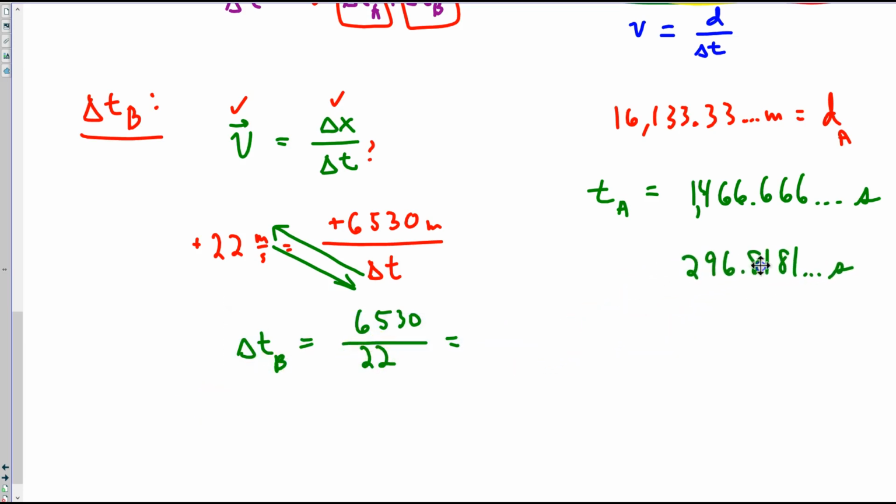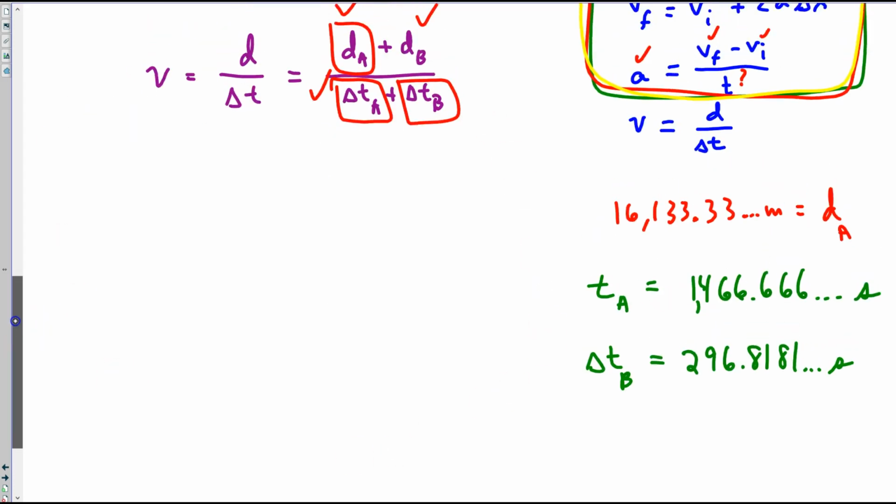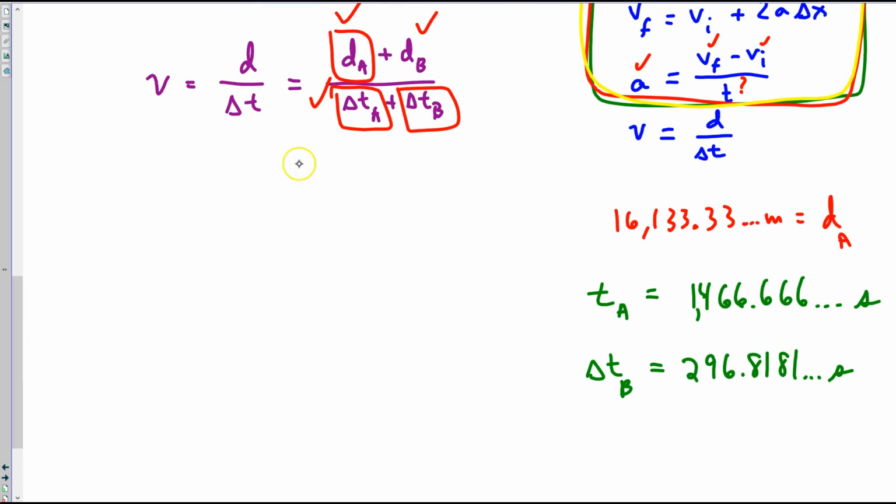Let me just put this here. Equals. Okay. I'm finally ready to move on. I can use this equation. The average speed over the entire trip is A's distance.